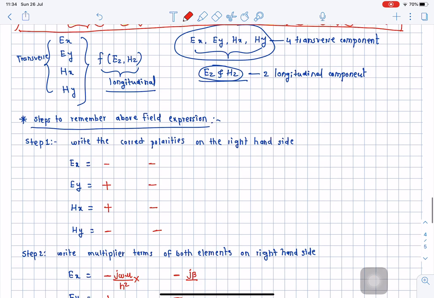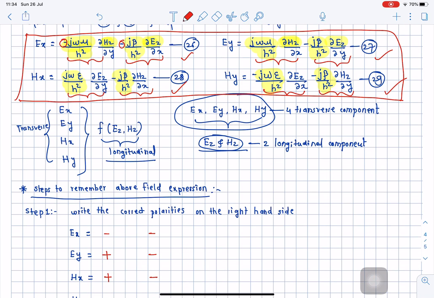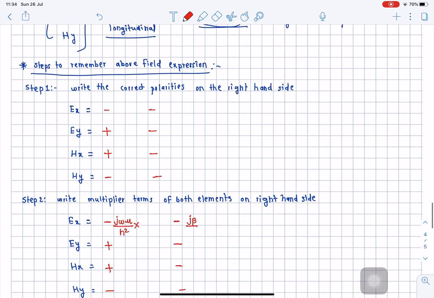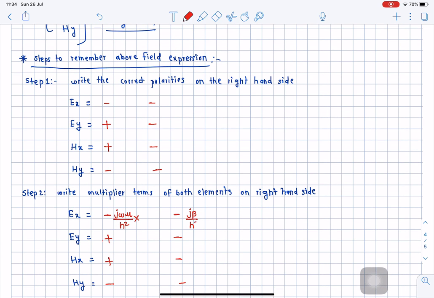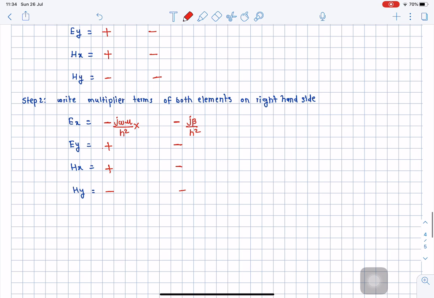If you see all the terms, j beta by h square appears from equation 26 to 29. So you can write it first, because the second term is common for all the components: j beta by h square, j beta by h square, j beta by h square, and j beta divided by h square. For the electric field you write the first term as j omega mu upon h square.